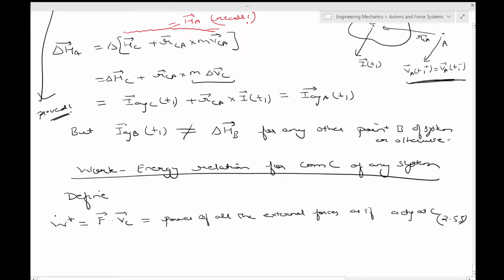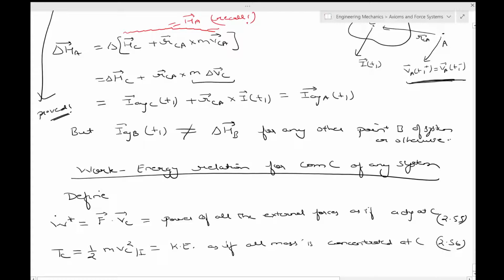Similarly define Tc as equal to half m vc square in the I frame. This is the kinetic energy as if all mass is concentrated at C, which is the center of mass. So this is 2.56.